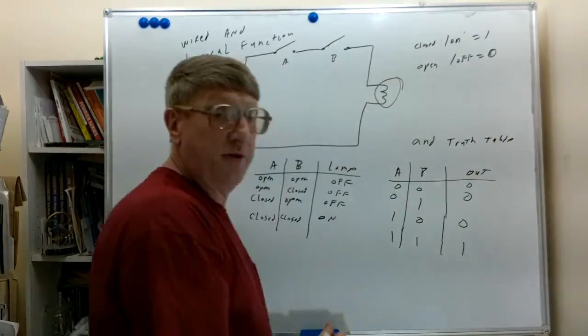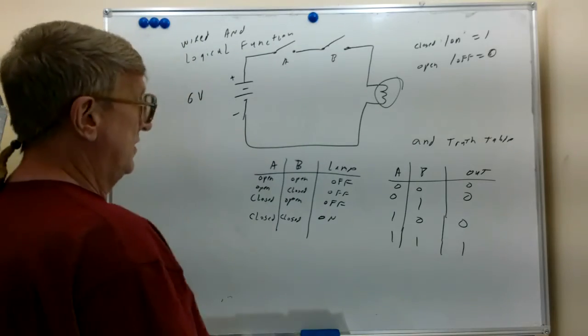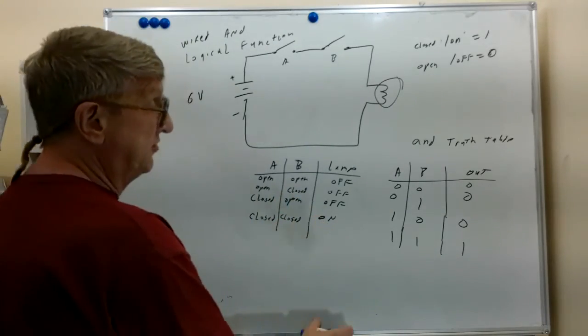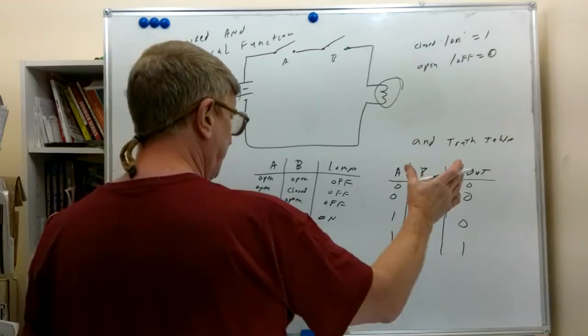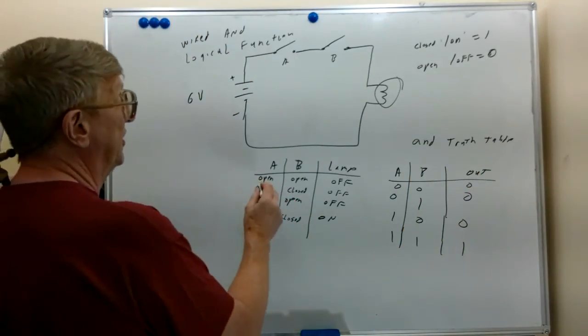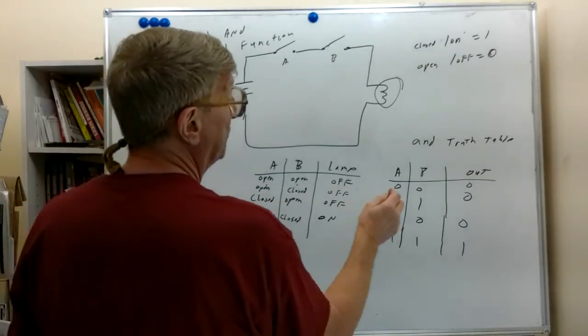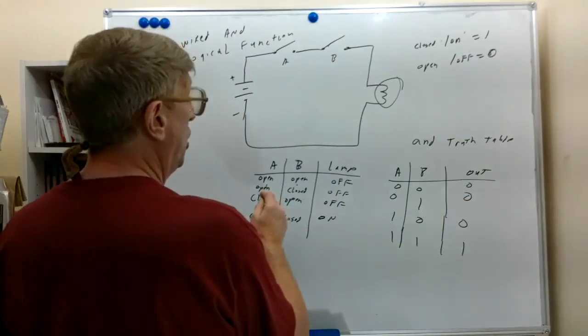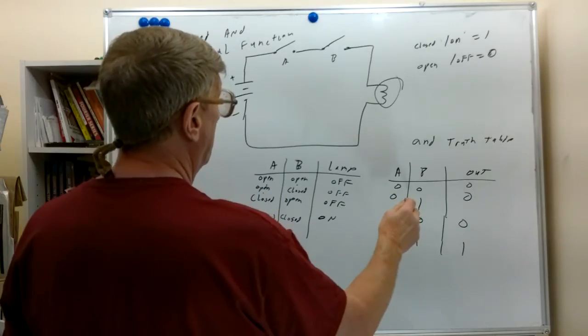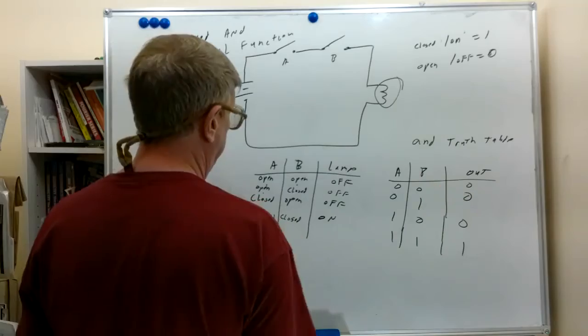So basically we've created two truth tables for the same function. This one is more like what you might have seen before, with binary 1s and 0s. Here we have opens and offs. Open, open, and off is 0, 0, 0. Open was 0, closed was 1, and off was 0.